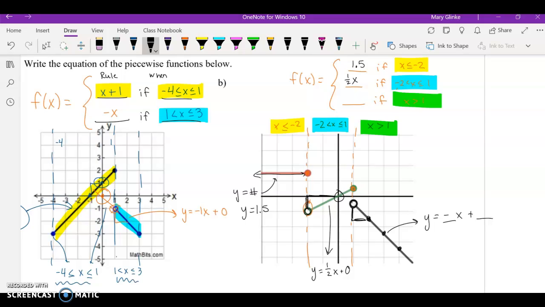So as weird as it is, our slope here is -1. And our y-intercept, if we go up 1 and left 1, ends up being right here at 1/2. So our rule here would be -1x plus 1/2. So this together would be that piecewise function.